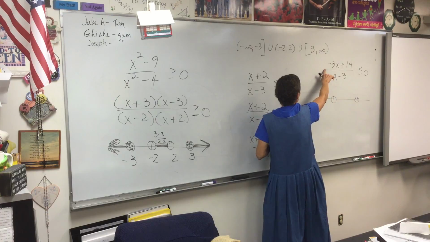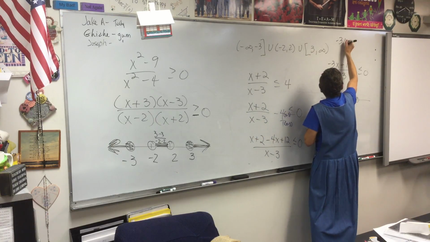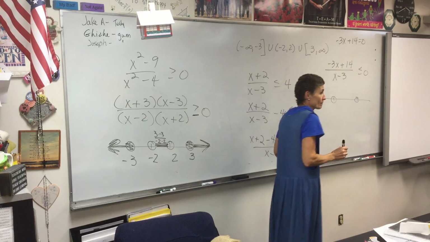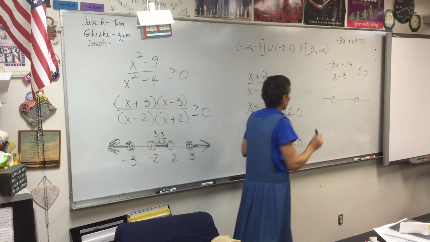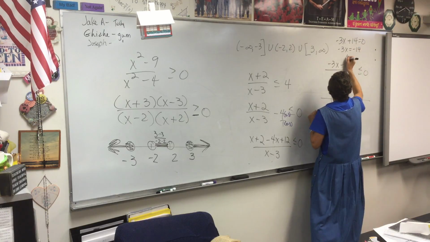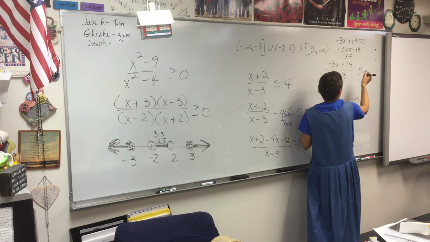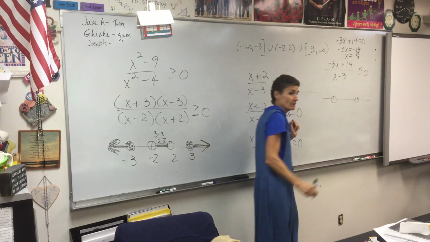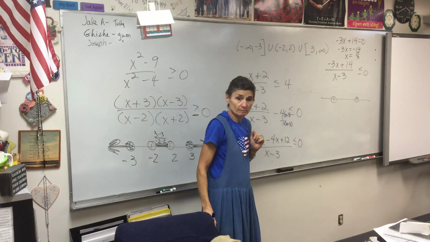I'm going to figure out where that dot goes by doing 3x plus 14 equals 0. So I'll subtract 14 and divide. So where is that dot going to go? At positive 14 thirds?